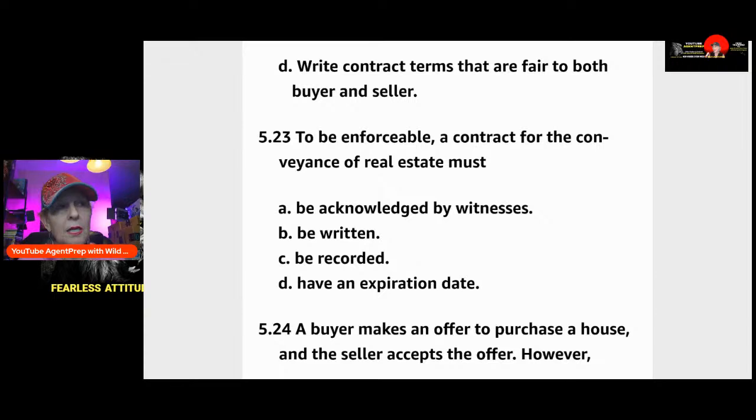A contract, in order to be enforceable, anything that is over a year or a sale contract must be in writing in full.